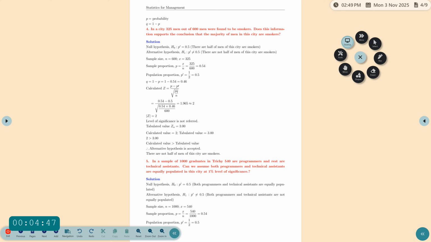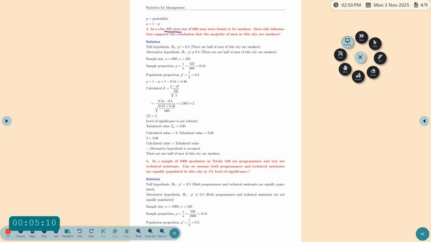Sample size is 600, so this is a large sample. Sample size is greater than 30, so we call it a large sample. X is the number of smokers out of 600. So 325 out of 600 is a proportion.